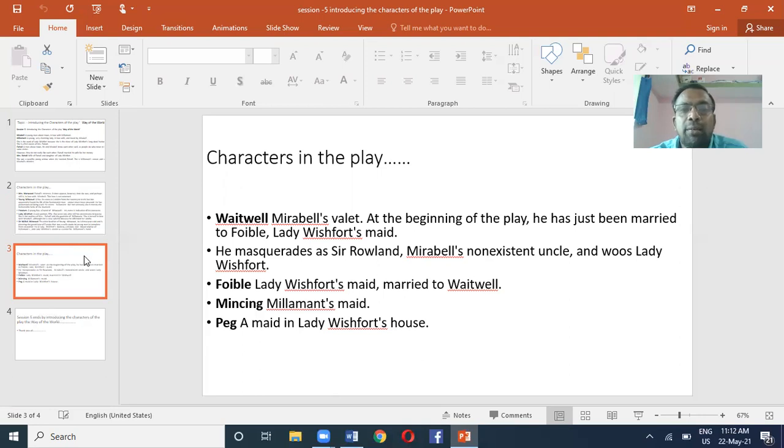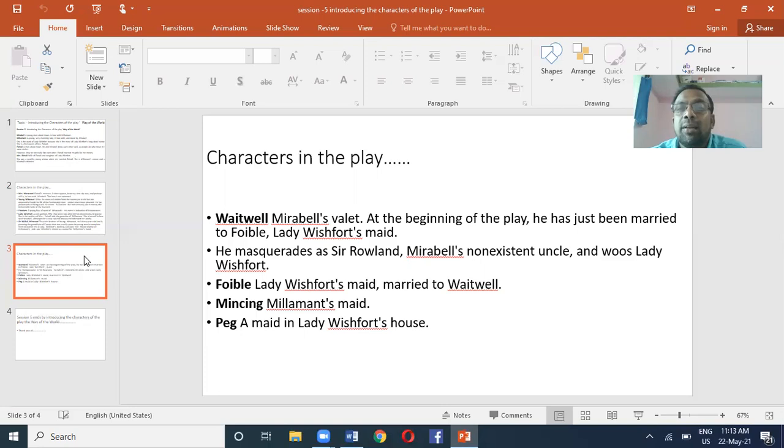And Waitwell, I told you that he was a servant and assistant of Mirabel. He masquerades, that means he disguises himself as Sir Rowland. The character is a created character here. Sir Rowland, Mirabel's non-existent uncle, is created. He was not actually an uncle.